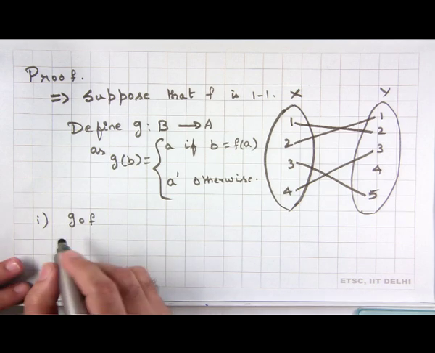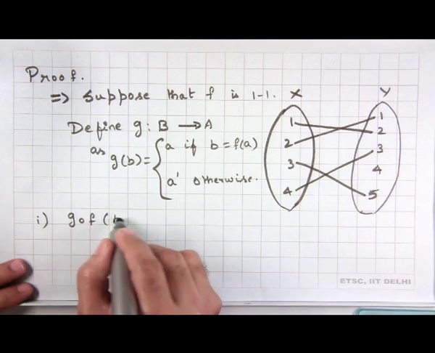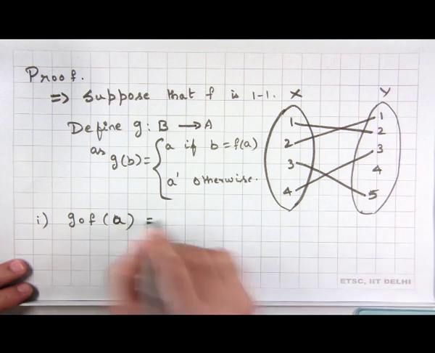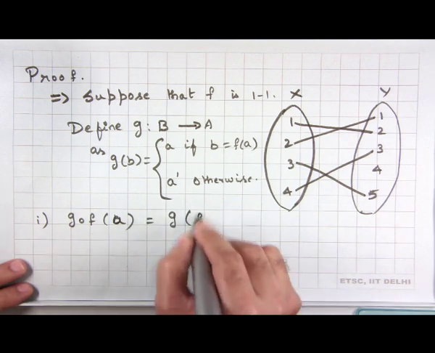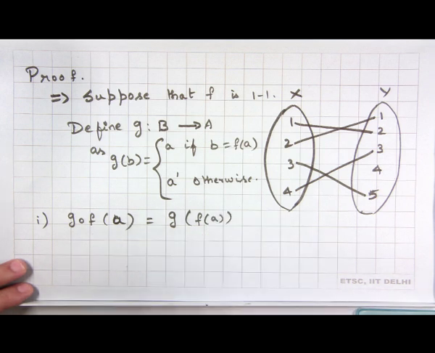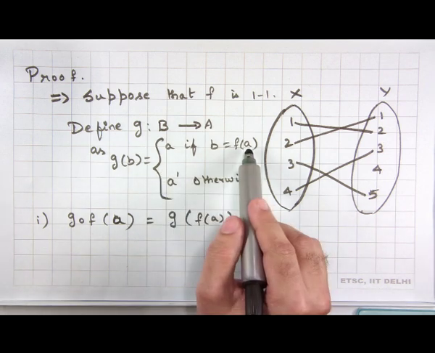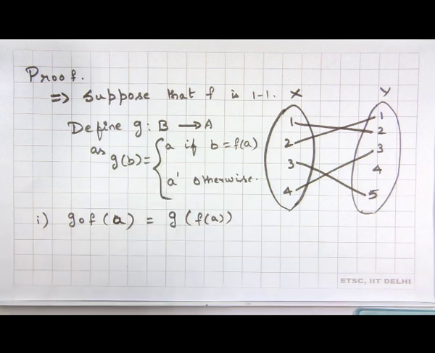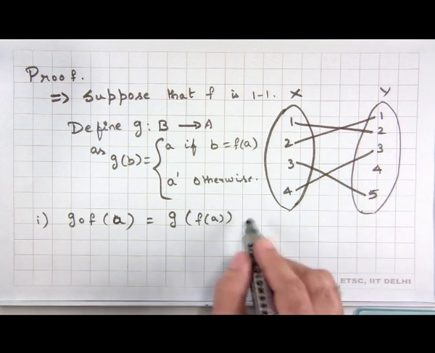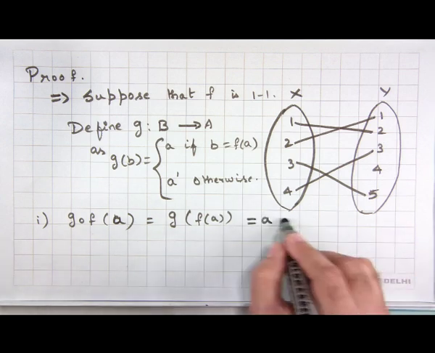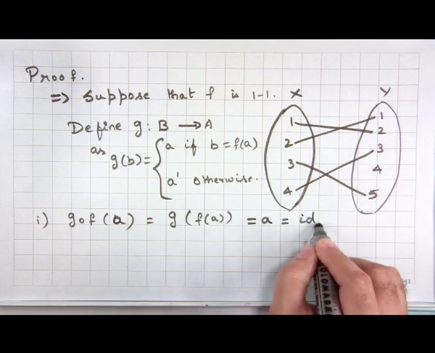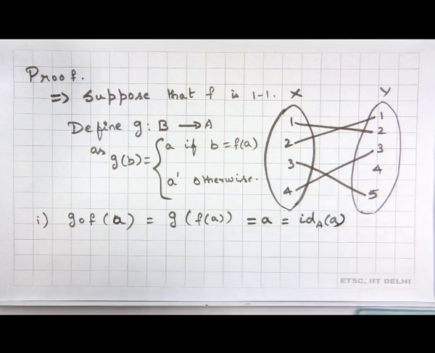G composed with f at A is by definition g of f of A. If we look at the definition of g, it says whenever my B is of the form f of A, map it to A. Now, I have an element f of A, therefore this will go to A, which is exactly the identity function on A evaluated at A. This is what I wanted.